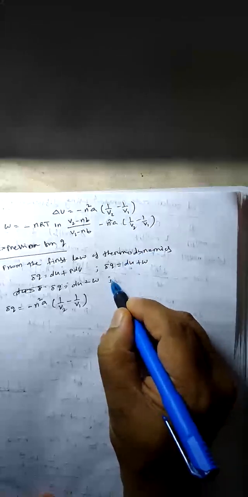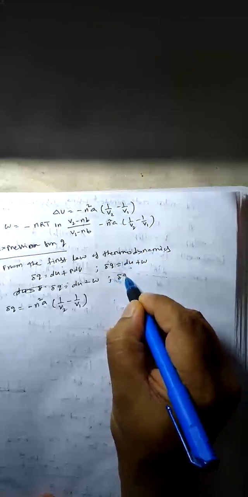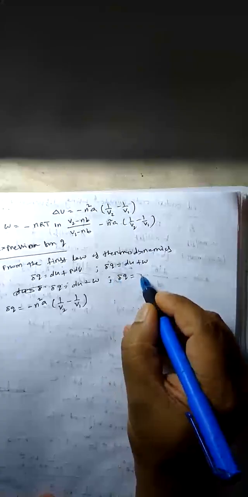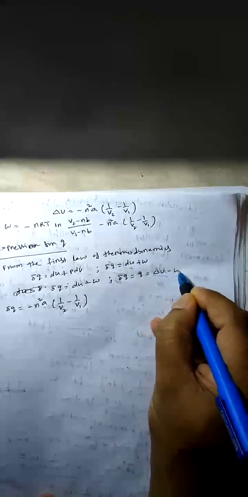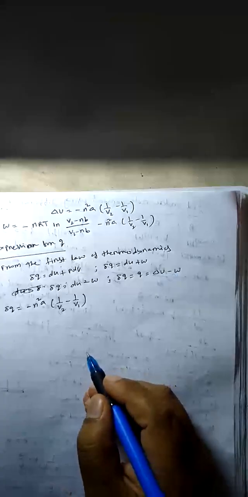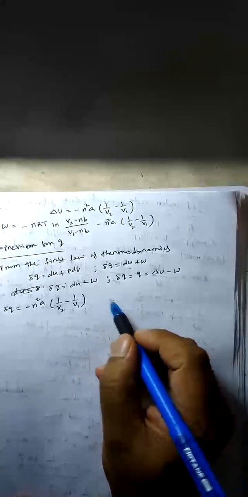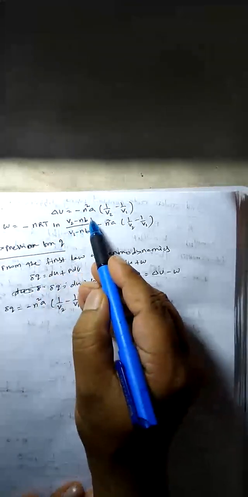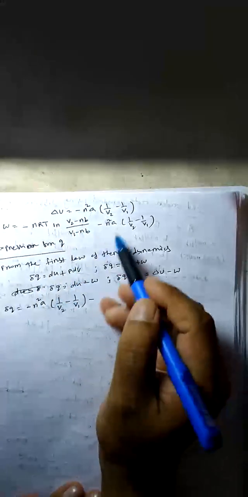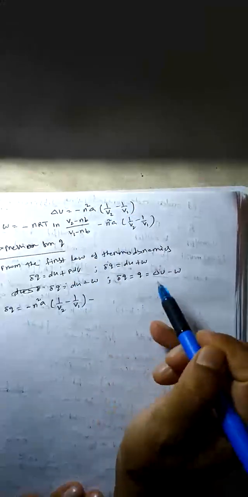That means you can also write Q is equal to delta U minus W. So in place of del Q you can write Q, equal to delta U minus W. Delta U we already derived, minus n square A (1 by V2 minus 1 by V1).